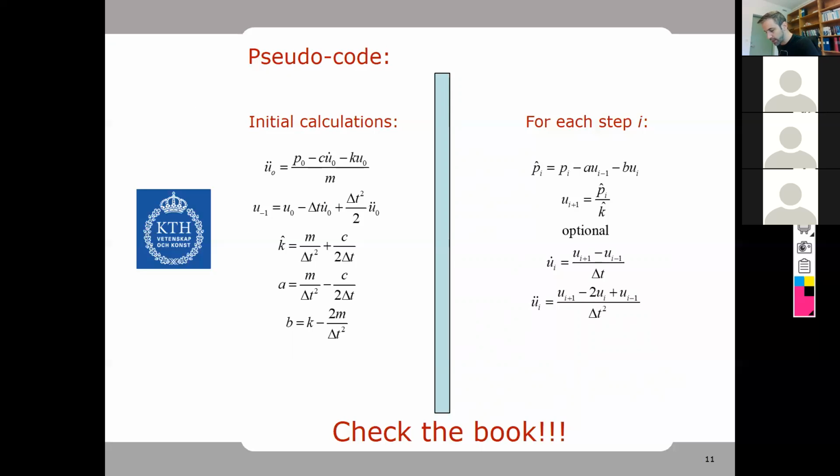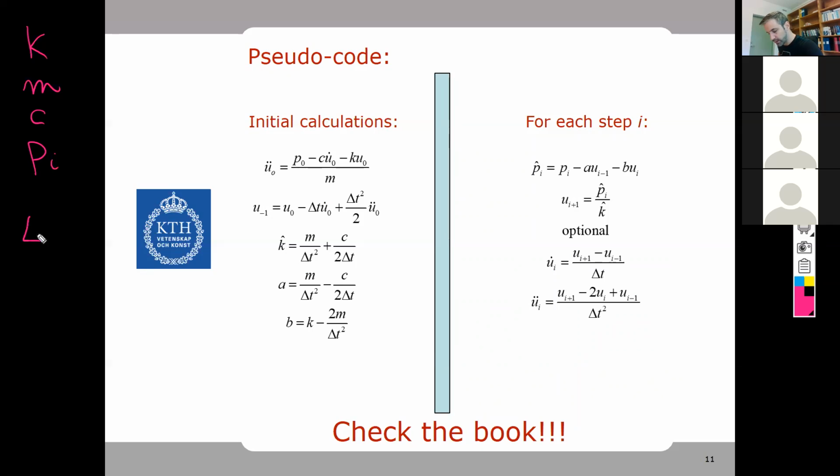So, of course, like I said before, the values K, M, C, and P need to be known for all times.